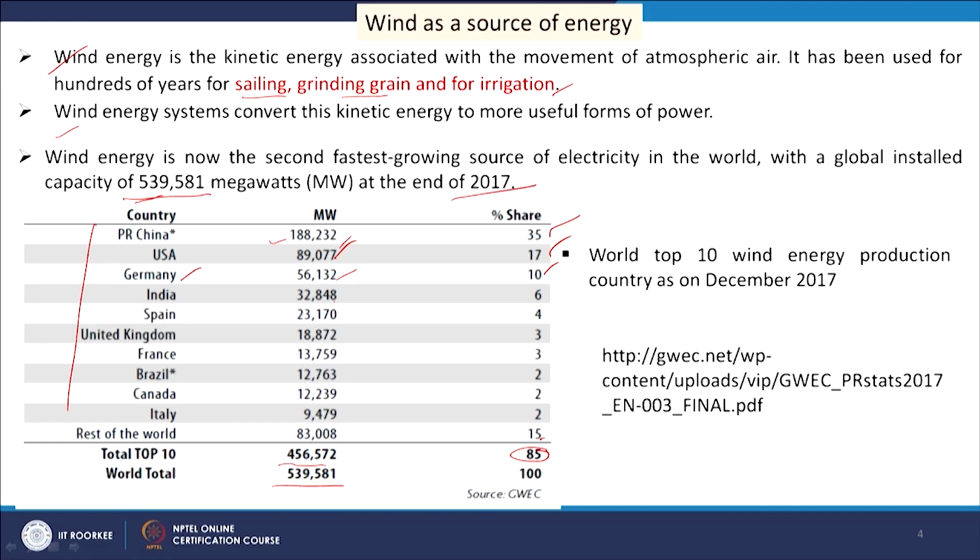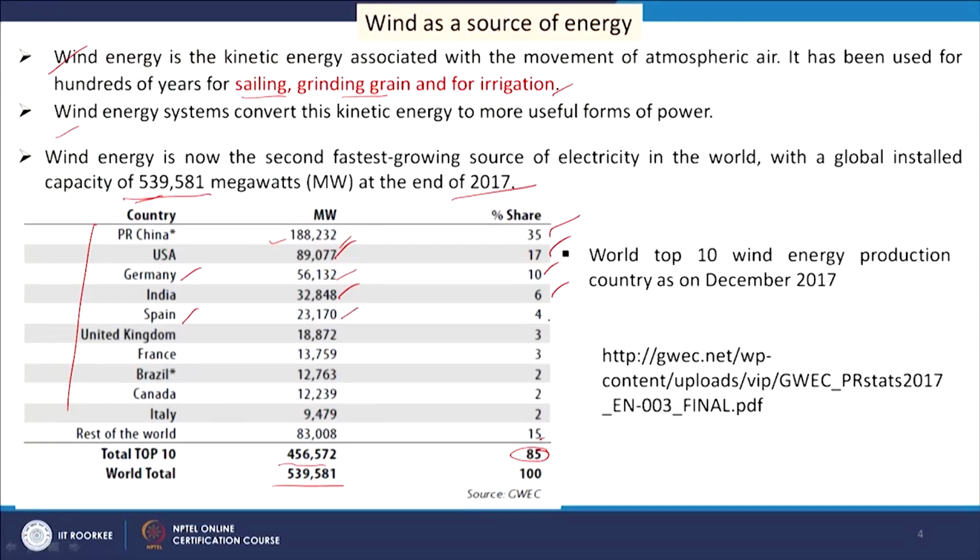For India we have 32,848 megawatt with a share of 6%, so out of the total energy produced in the country, we have 6% from wind energy.